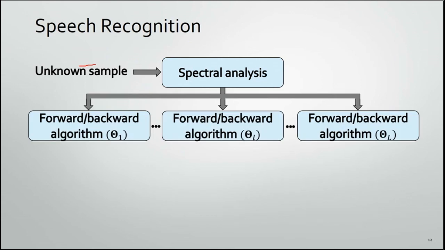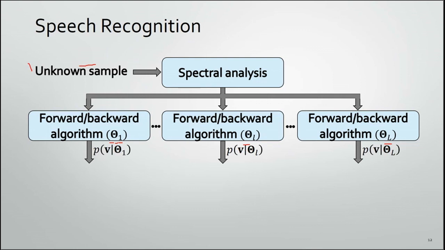And then the forward-backward algorithm is applied to obtain alphas and betas for each HMM because we don't know what the word is. So maybe theta L corresponds to the word yes, and theta 1 corresponds to another word, and theta uppercase L corresponds to another word. So the forward-backward algorithm is applied separately to each HMM using this unknown sample.